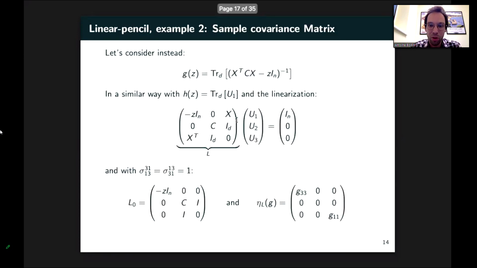So the question that I really want to ask you instead is, can we actually calculate this J(z), X transpose C X minus z identity to the -1, with respect to the Stieltjes transform of C? So this is really interesting, right? It's like, can we really estimate how our eigenvalues are shifting from C when you have your sample covariance matrix that is given from your data?